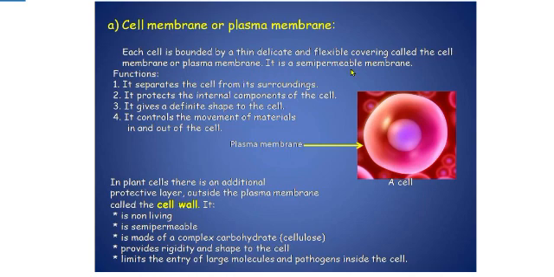It is semi-permeable. Semi-permeable membrane means it allows certain materials to pass through it but does not allow others to pass. Like water molecule. Water molecule is required by the cell, so this plasma membrane will allow water molecule to pass through it.